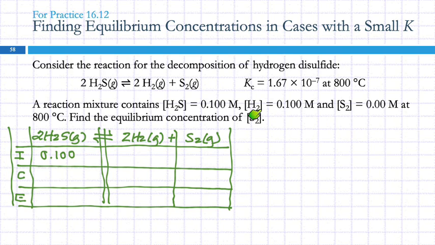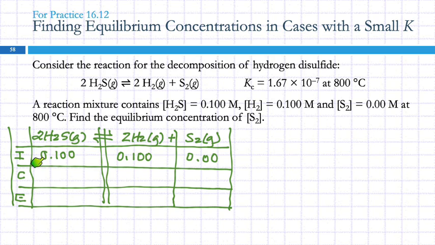And we're told that the H2 concentration is 0.10 also, and that the sulfur is 0. So I think this is the first example where we've had reactant and product concentrations at the beginning.